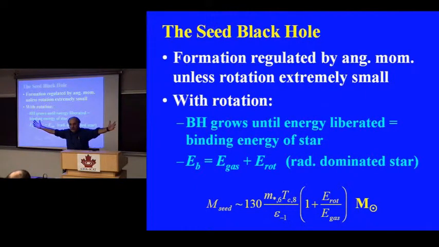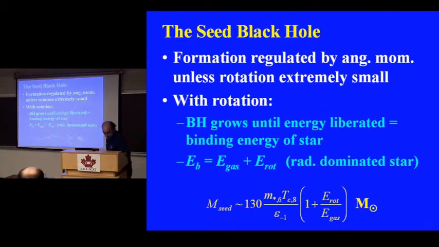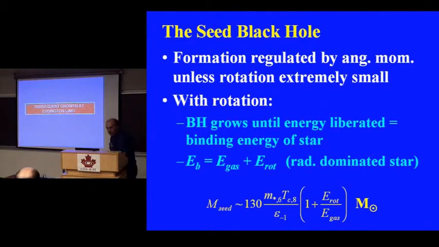That inflates the envelope. It would blow the envelope apart once you put in this much energy, but eventually the envelope grows to the point where it becomes leaky and can actually get rid of the energy that's liberated, and you can reach a steady state. So the steady state would, of course, have to be growth of the black hole at the Eddington limit.